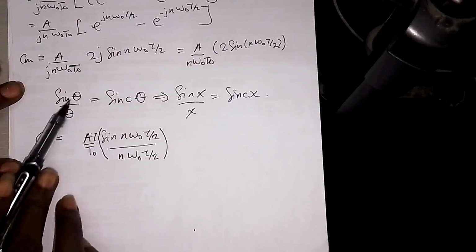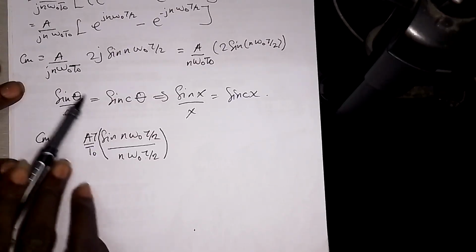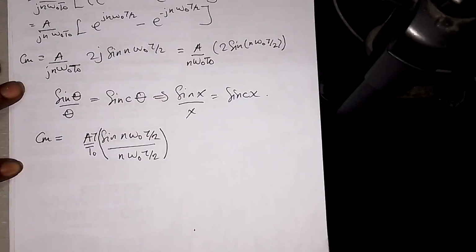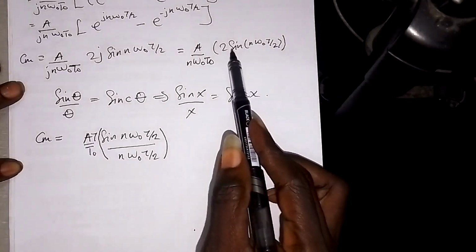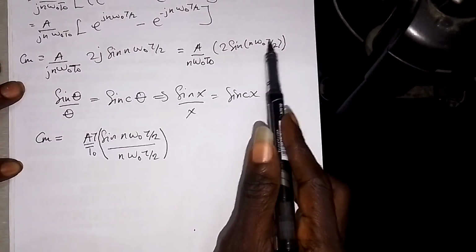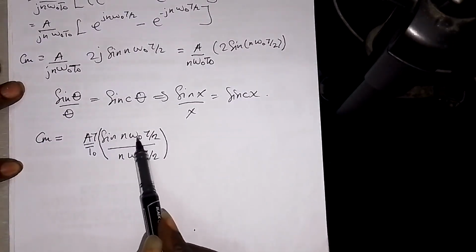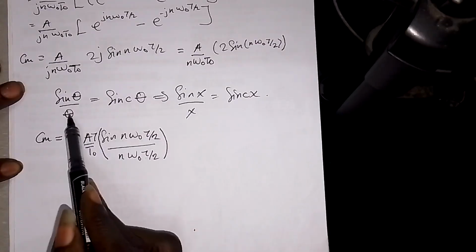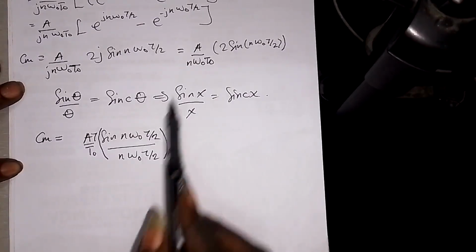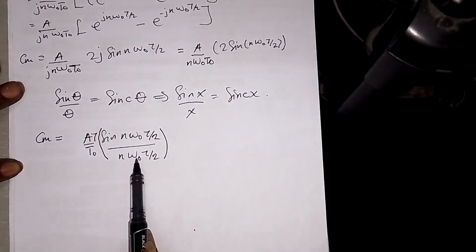You see that this one here is the same thing as this one. Let me repeat how I wrote it for you to get it. This is the sine, n omega naught tau on T. Now it's left with this part. This n is here, so it has come here. This omega naught is here, so it has come here.